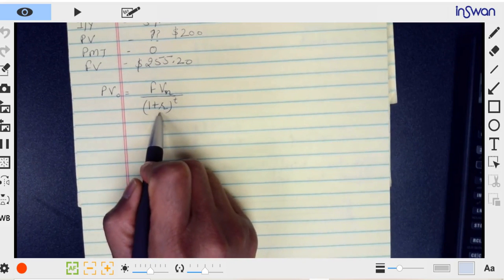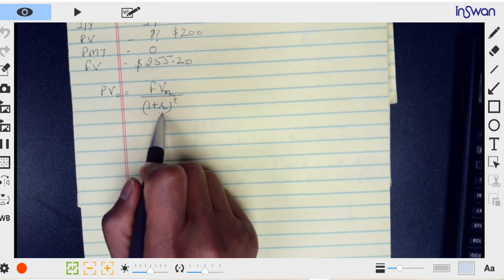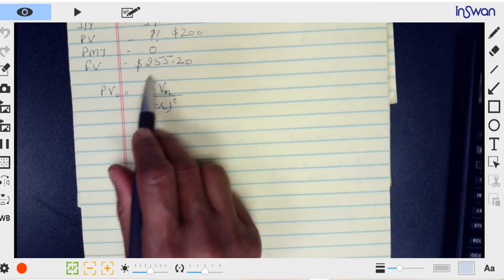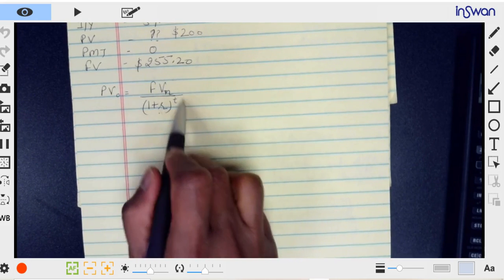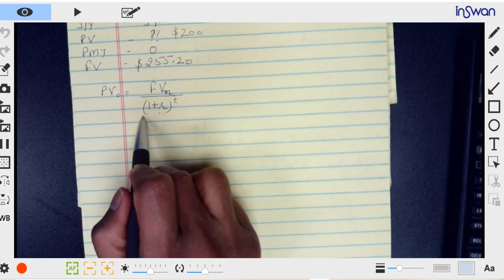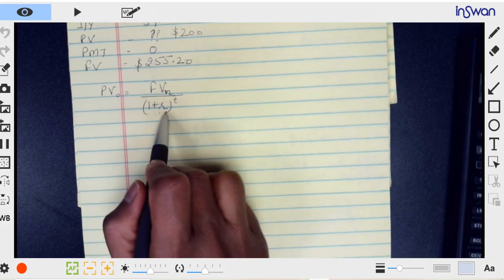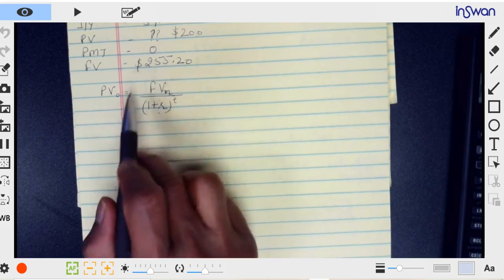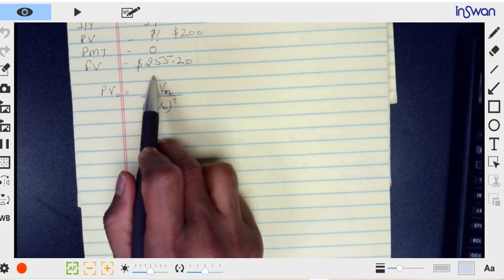Since r is in the denominator, if this number increases, the denominator becomes bigger and bigger, and the result of the whole thing will be smaller. Since the denominator is big, the overall result becomes smaller, so the present value becomes smaller.